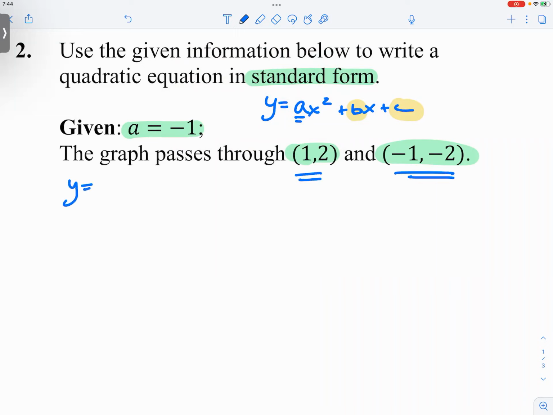So first, y is equal to -x squared plus bx plus c, because we know the a is -1, so we can substitute -1 into a. That's how we have -x squared plus bx plus c. And with those 2 points, we can now go ahead and substitute 1, 2 into one of the equations, and then we will also set up another equation using the other point.